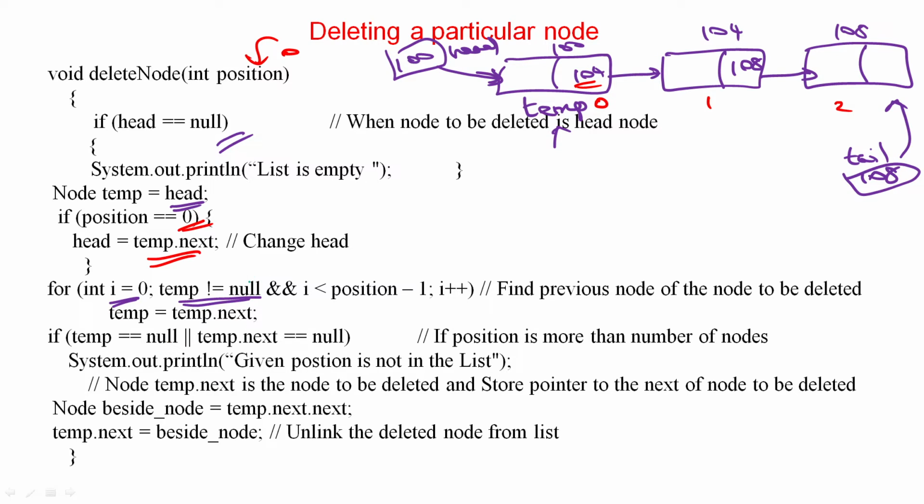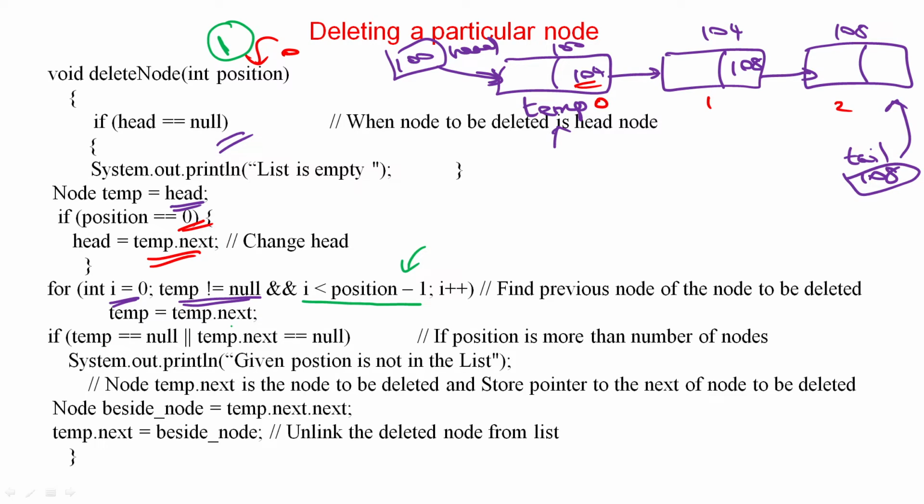No, it is not null. Now i less than position minus 1, because if it is 1, at first position I want to delete, that's why we are giving position minus 1. At position minus 1, we are going to find the 0th node, whose next node we are going to delete.